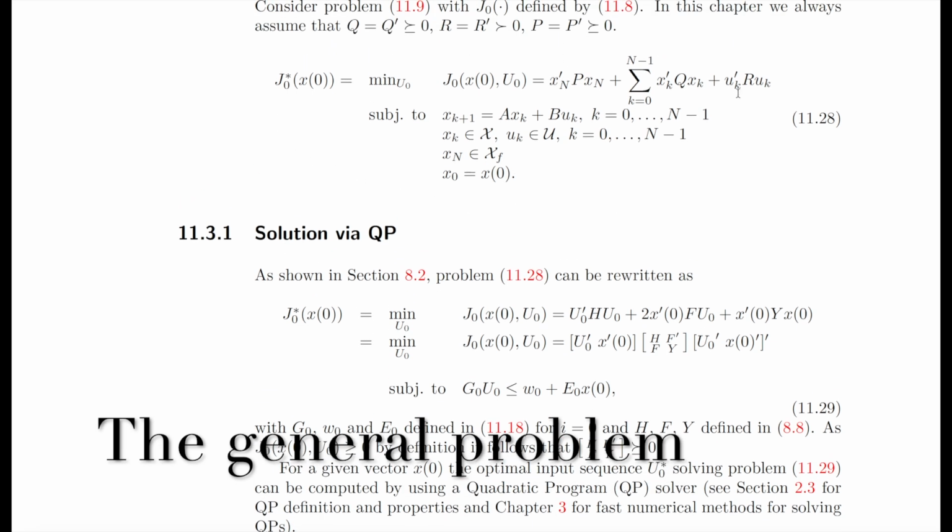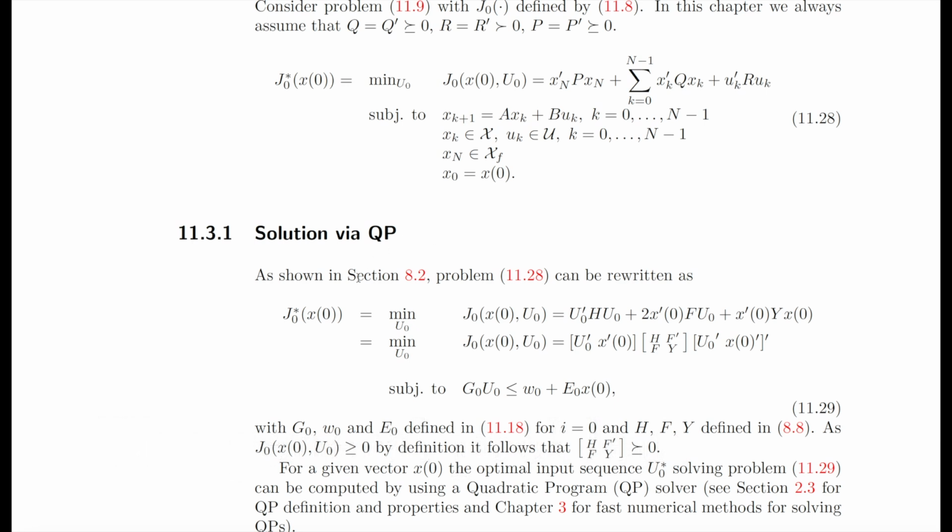that we want to solve in a general way. We can write this problem as we have seen before using quadratic programming. We will find that we want to minimize this thing. So here we find a quadratic term, an affine term, and the final state.